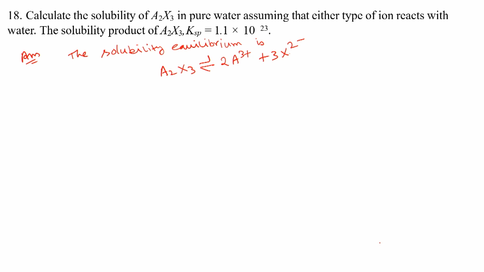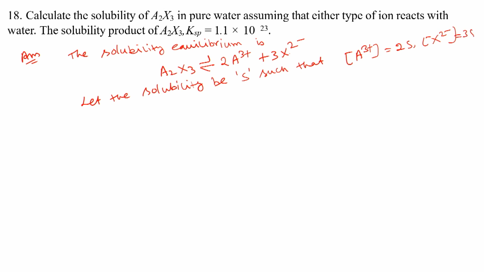Now let the solubility be S, such that the concentration of A3 plus is 2S, right, and the concentration of X2 minus is 3S.